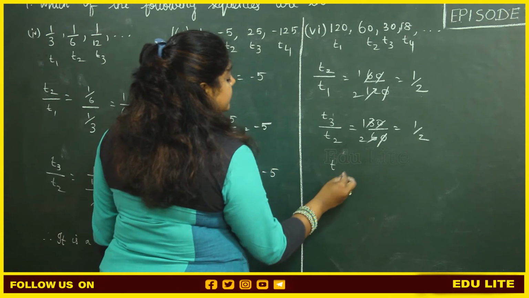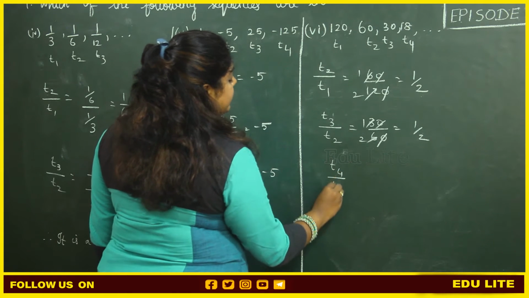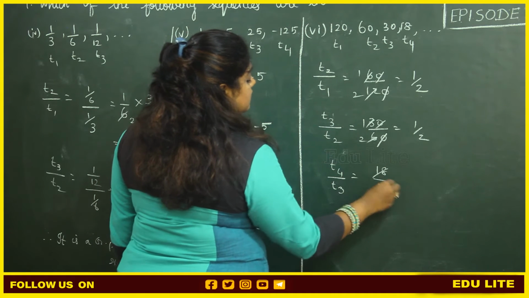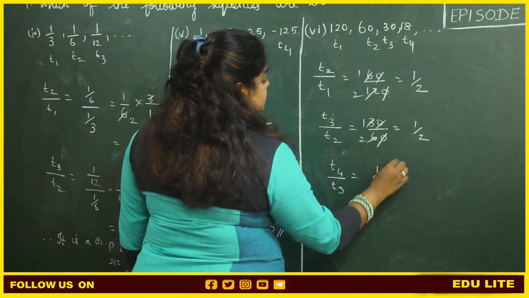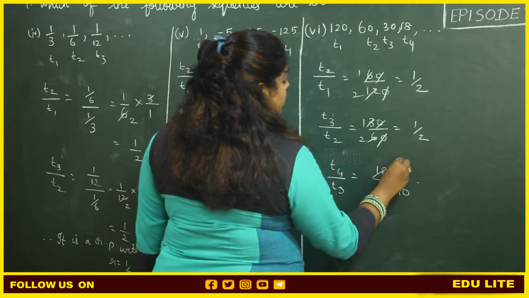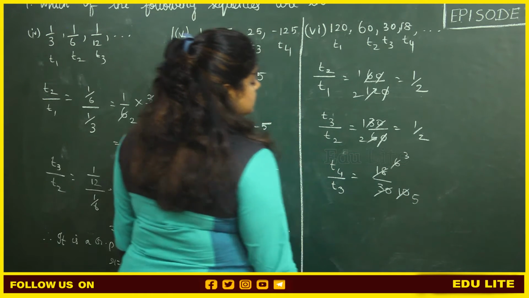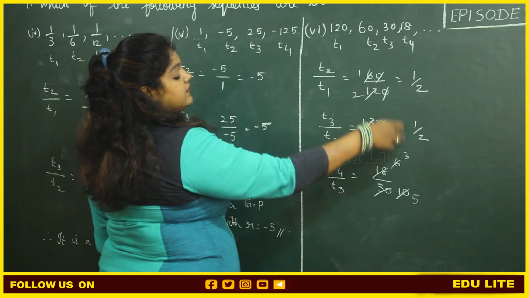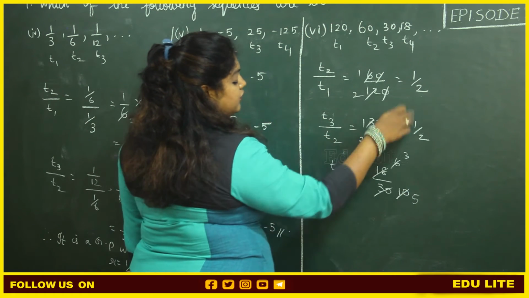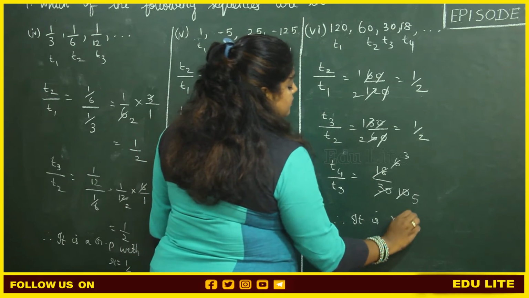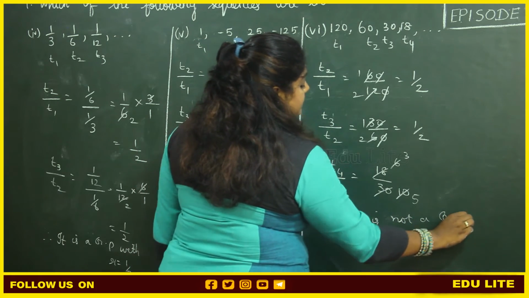We will do it for the next two consecutive terms, T4 by T3, 18 by 30, in 3 tables, 6 times, 10 times, now in 2 tables, 3 times, 5 times, 3 by 5. So the value of R is not constant, therefore it is not a GP.